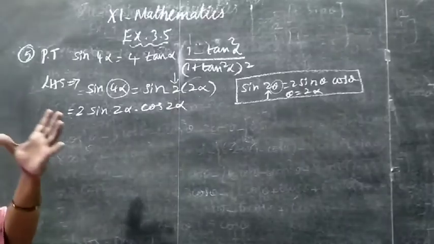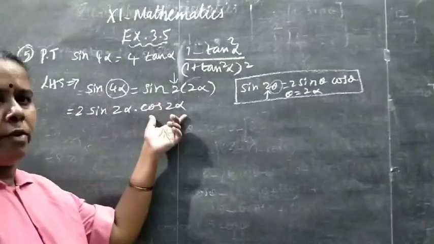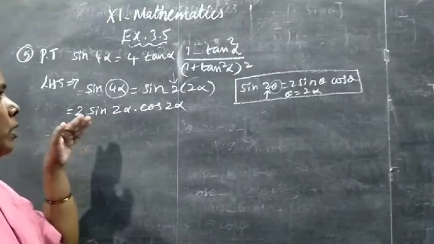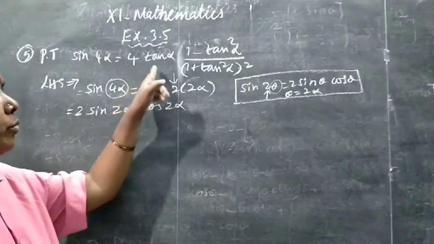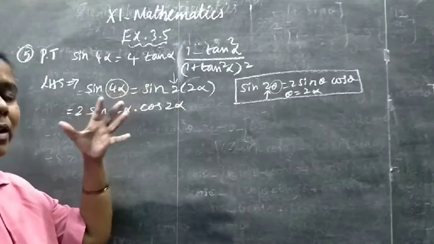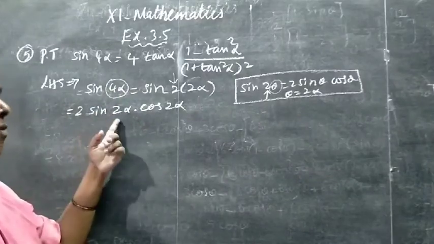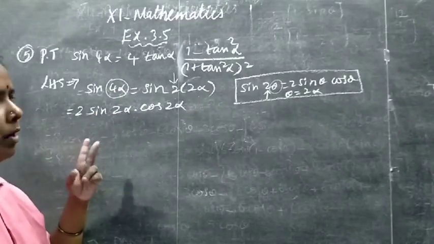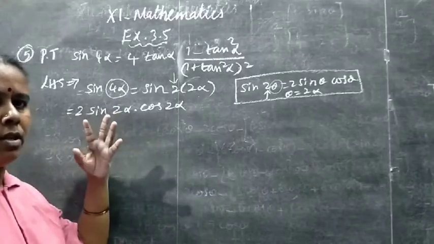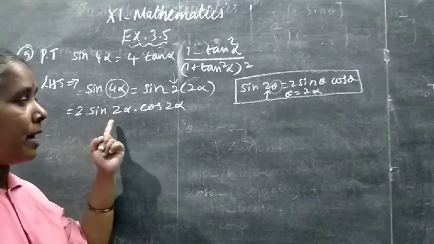Okay, now we know that the formula for sin 2A and the formula for cos 2A must be related to tan. So that tan related identity can be applied. Since you have 2 formulas for sin 2A and 4 formulas for cos 2A, out of the formulas you take the tan related identity.